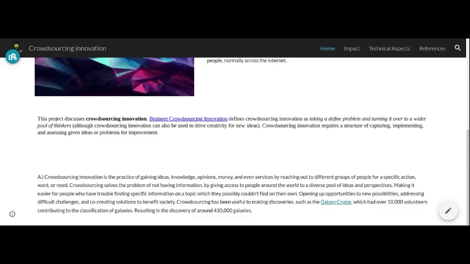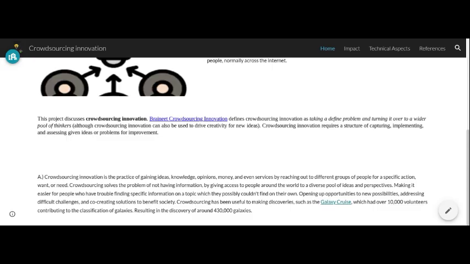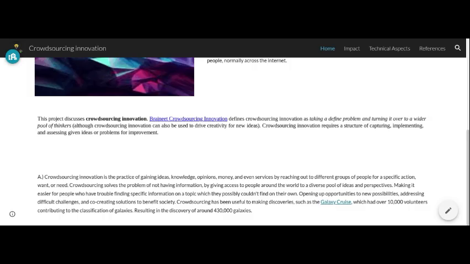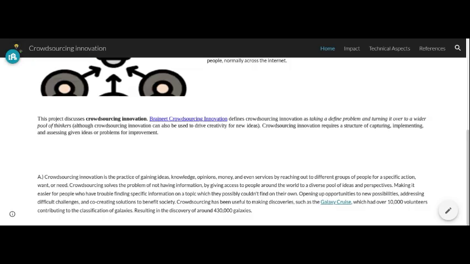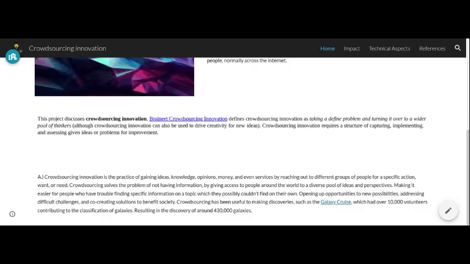So the intended purpose of crowdsourcing in general, like crowdsourcing innovation, is to get an idea from a group of people.